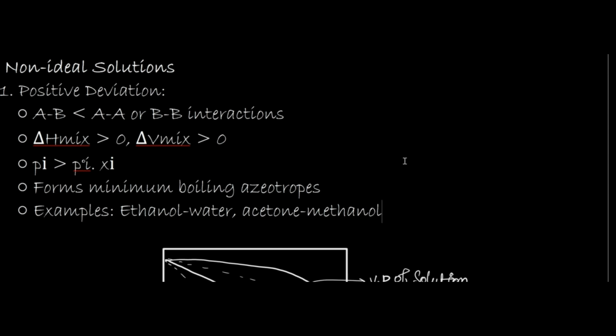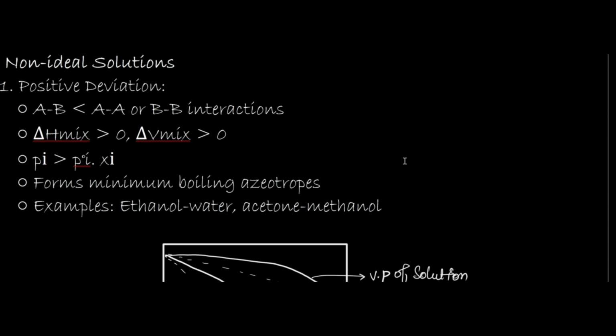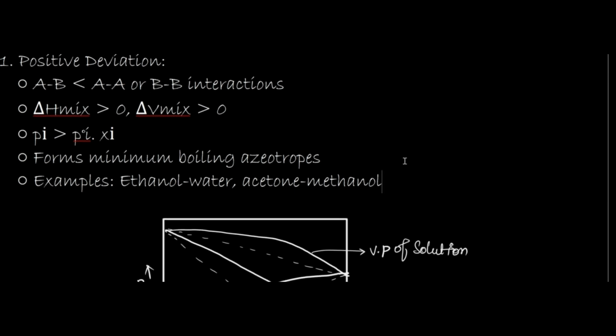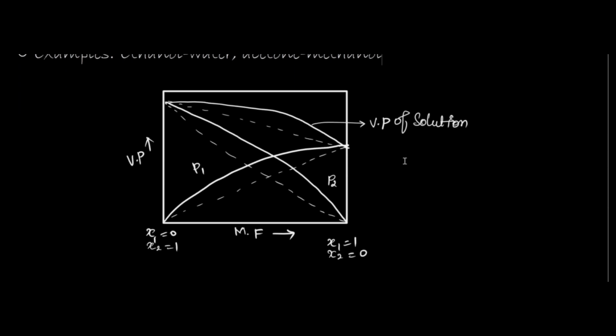And Pi is greater than Pi naught into the mole fraction. These form minimum boiling azeotropes. But in case of ideal, there is no azeotrope formation.